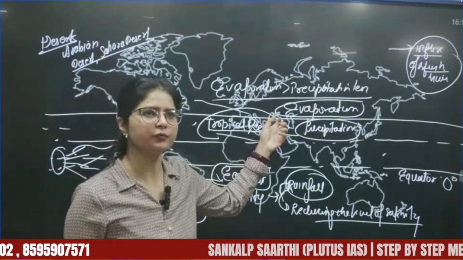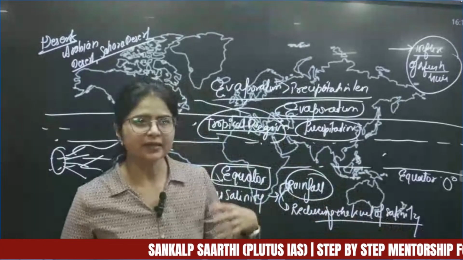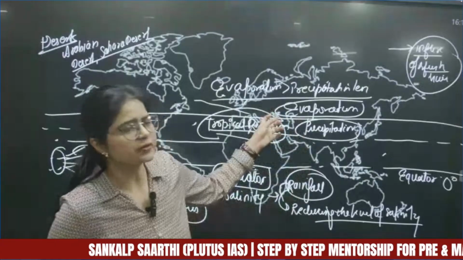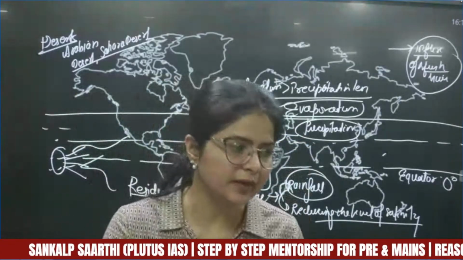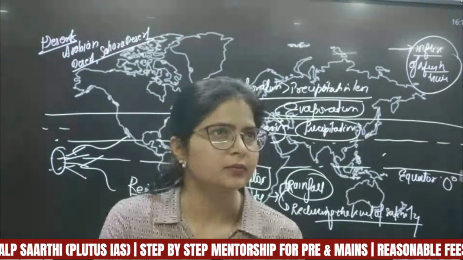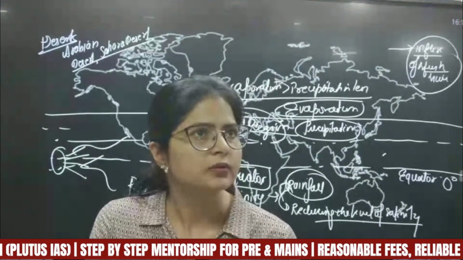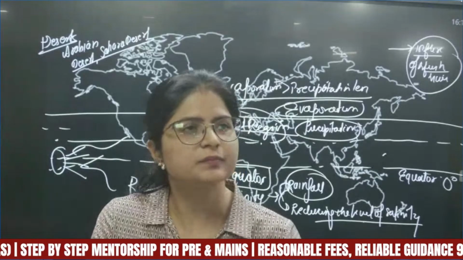Every one of you understood this point? This is important for prelims also, not only for mains or for the geography optional. It is also important for prelims because when you are doing the geography optional, please keep in mind that you have to take the advantage of being a student of geography optional so that you can also use this advantage for yourself in prelims.